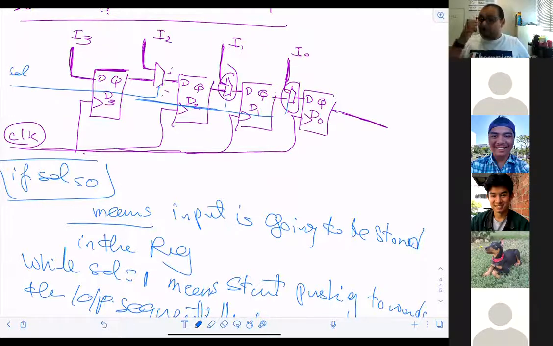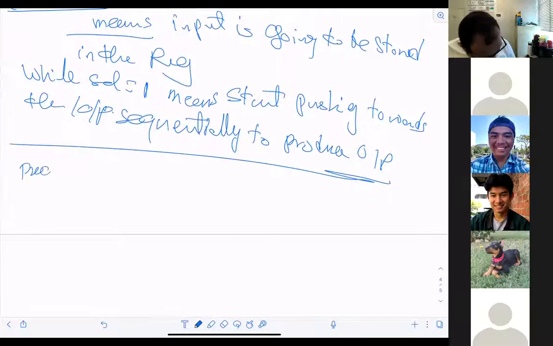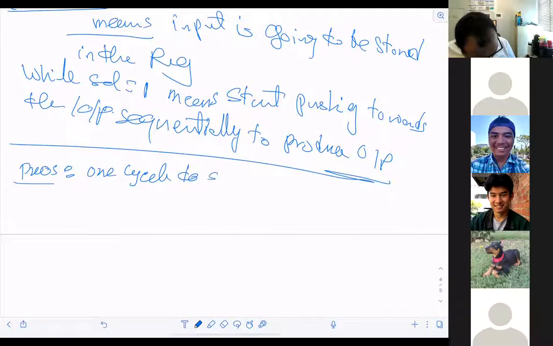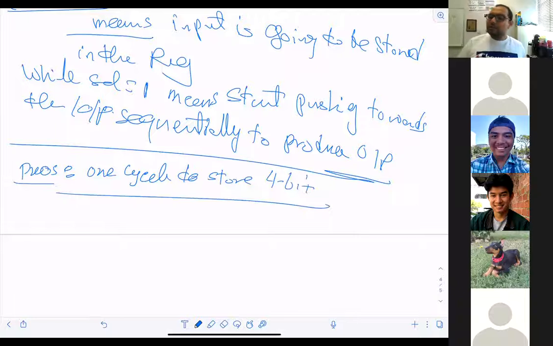So in that case, if you start thinking about the pros and cons, you will find out that I saved your time. I filled the 4 cells inside the registers by 4 bits in one shot, in one cycle, right? So this is the pros. So the pros here: 1 cycle to store 4-bit. But there is a cons here. What is the cons?